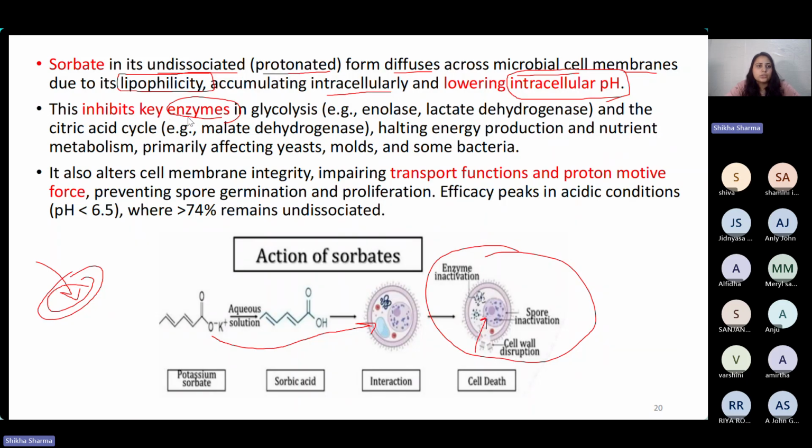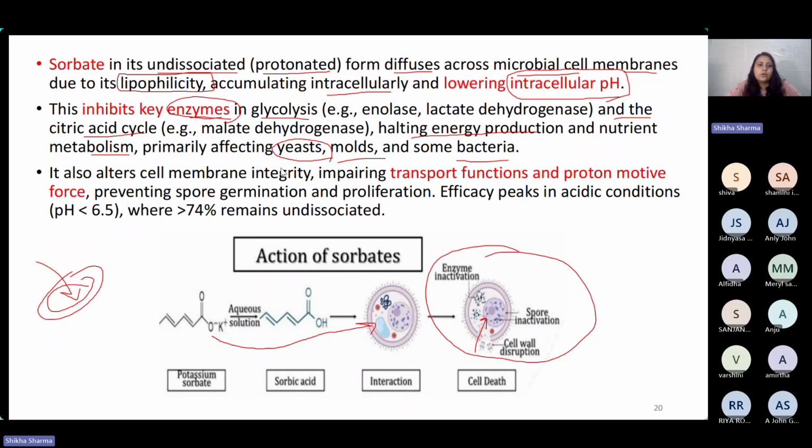It will also inhibit the key enzymes important for glycolysis and the citric acid cycle, hurting the energy production and nutrient metabolism, and it primarily affects yeast, molds and some bacteria.